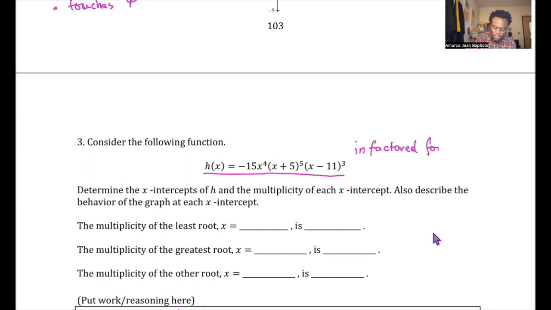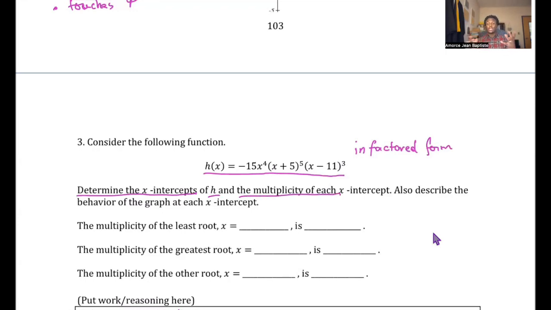So when it's in factored form, how do you identify the zeros and their multiplicities? Because the question they're going to ask me here is to determine the x-intercepts of h, that means where it touches the x-axis, and the multiplicity based on the equation.